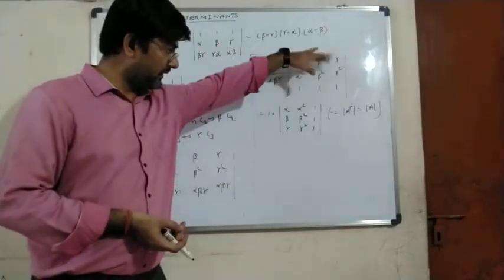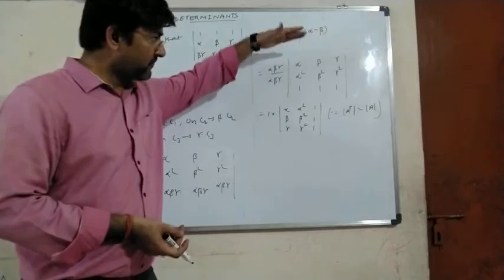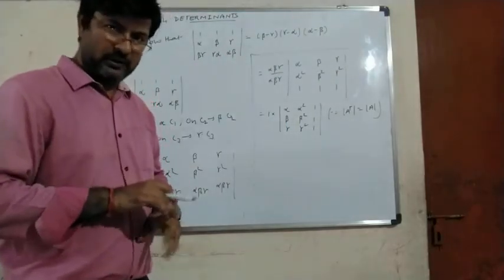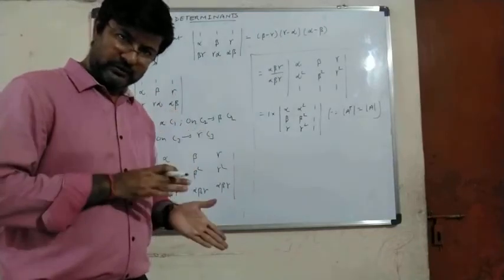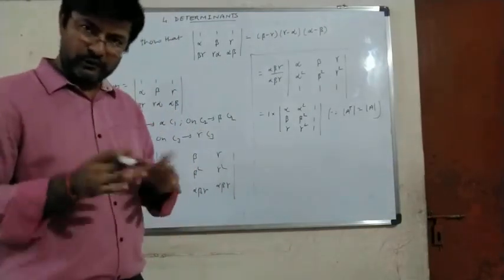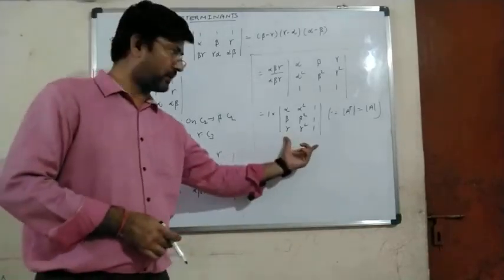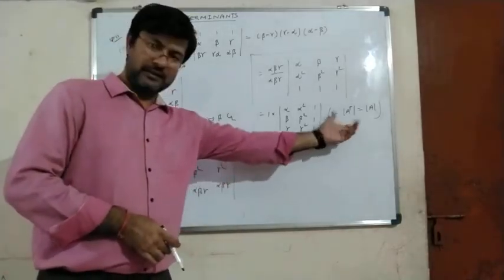So I have taken a transpose, that is I have changed each row into each column. That is one property only, that if all the rows are changed into columns, the value of the determinant remains unchanged. So we have used that property over here. You can write the reason in this way.